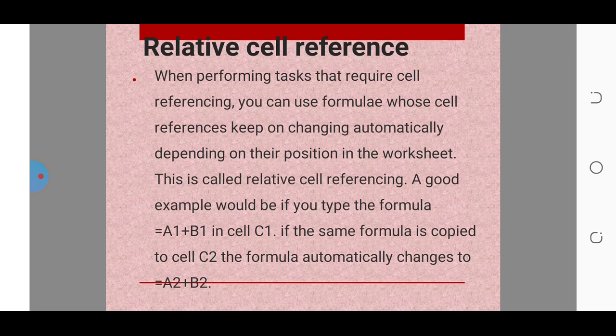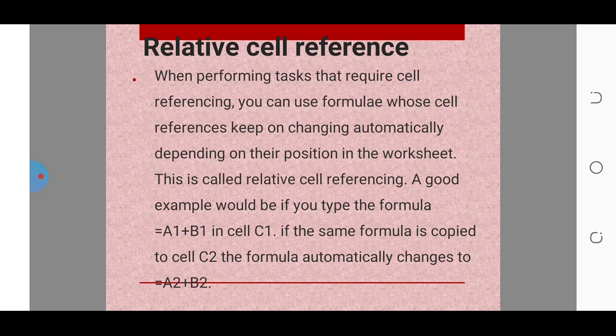Then we also have what we call relative cell reference. A relative cell reference is basically used when performing tasks that require cell referencing. You can use formulae whose cell references keep on changing automatically depending on their position in the worksheet. This is called relative cell referencing.